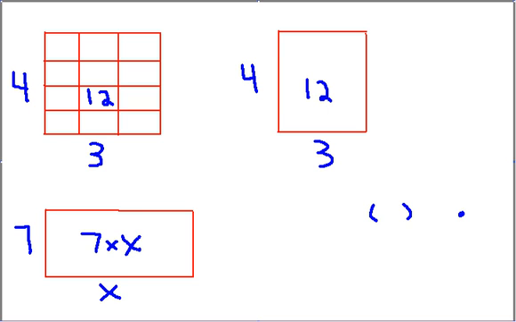So I'm going to go ahead and erase that. And the way in algebra, when you have a number being multiplied by a variable, you simply put the number first and the variable second, and you stick them right next to each other. So this is pronounced 7x, and what that really means is 7 times x.